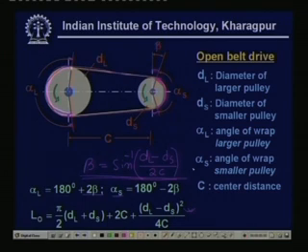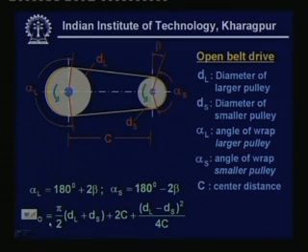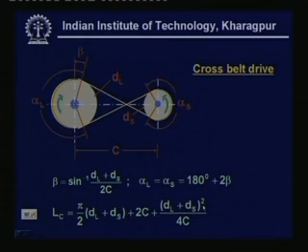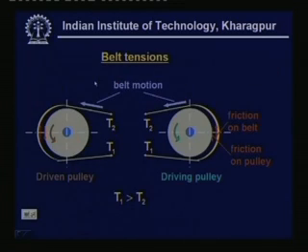Now, once we consider this type of drive as an open belt drive, then we find out that this one is the cross belt drive. You can see this particular one is a cross belt drive.